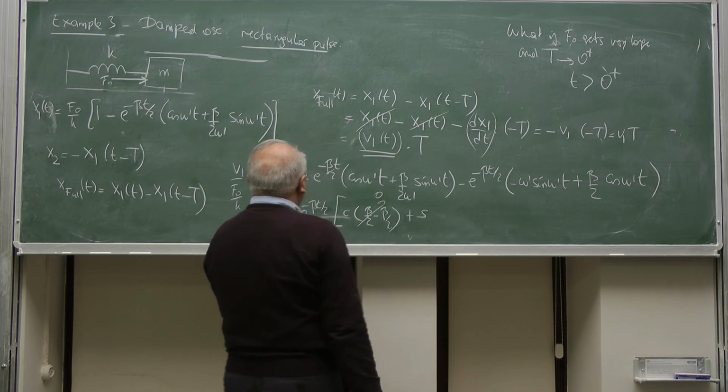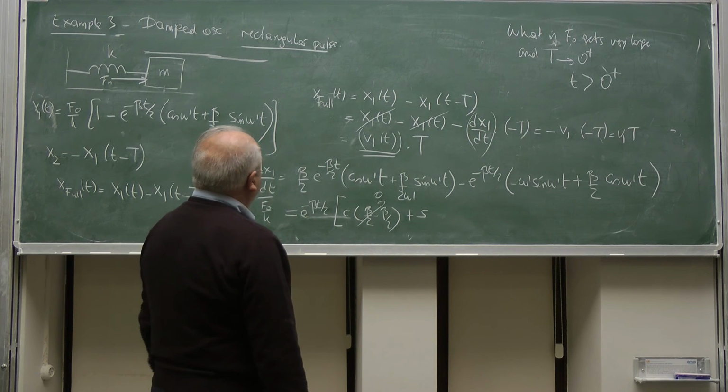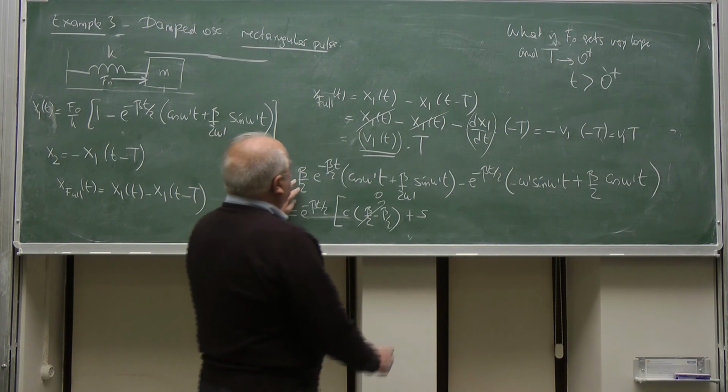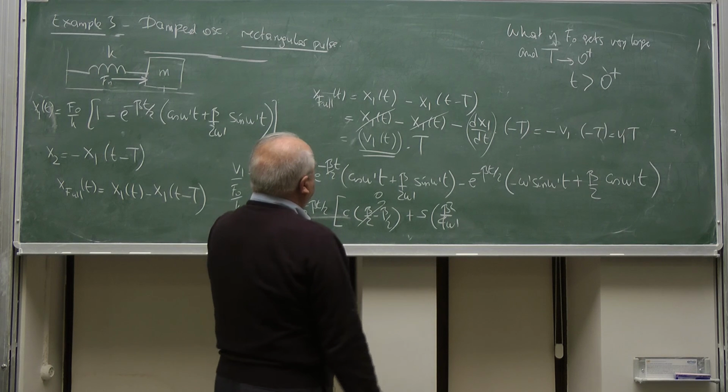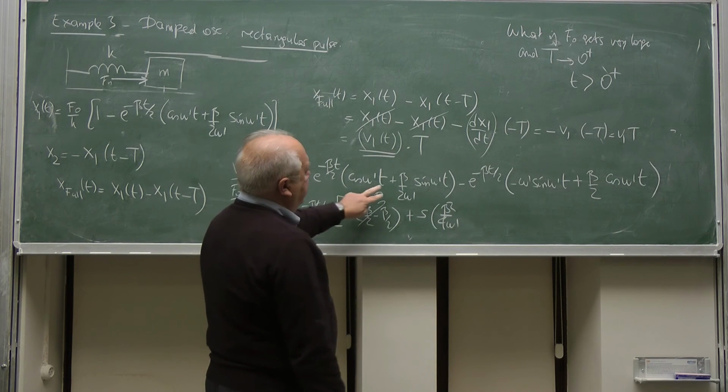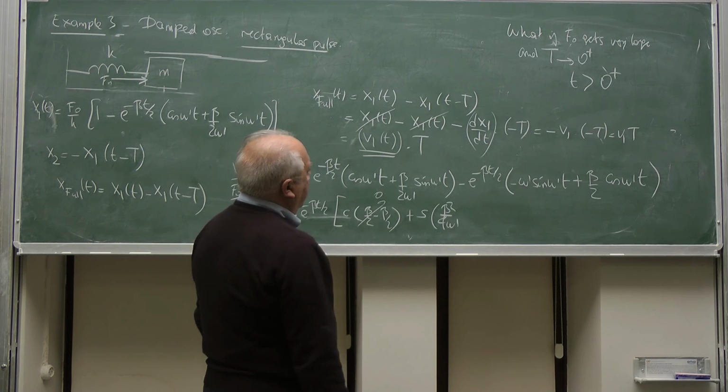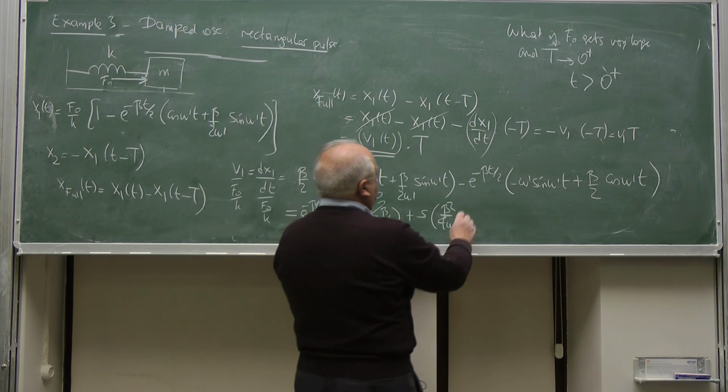Plus the coefficients of sine: beta squared over 4 omega prime plus omega prime.